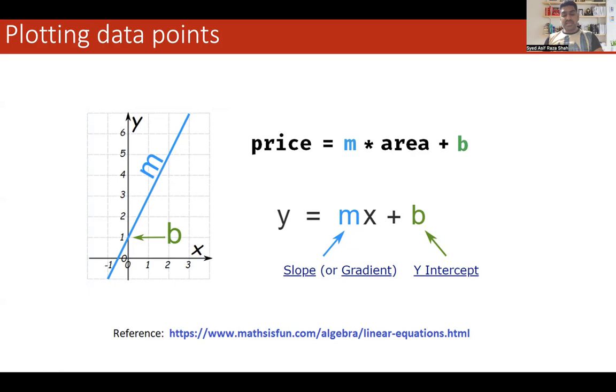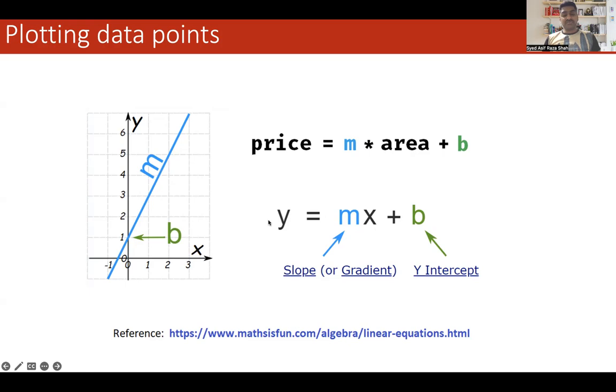Moving ahead, this y represents the dependent variable, and this x represents the independent variable. So this x is our area, and y is our predicted price that we are trying to predict in this equation.